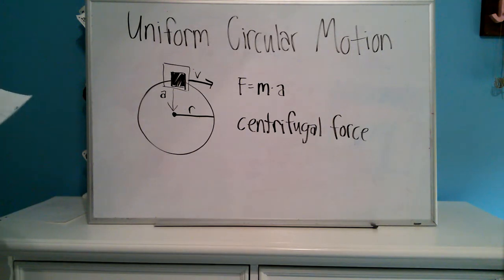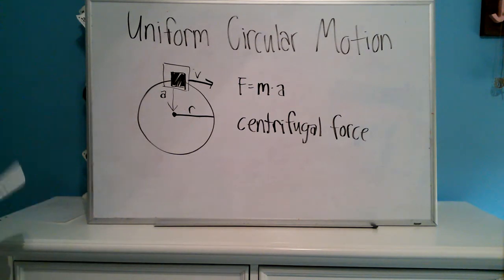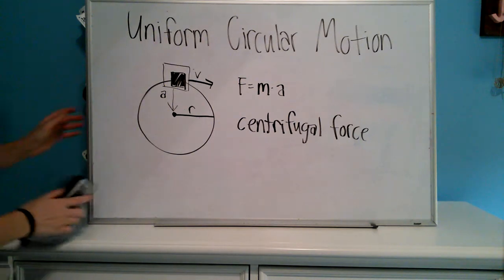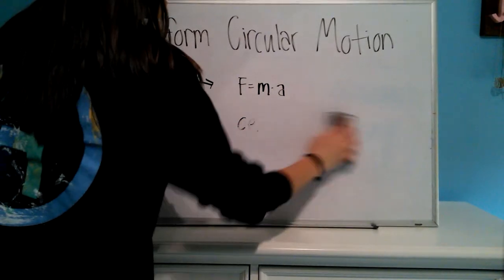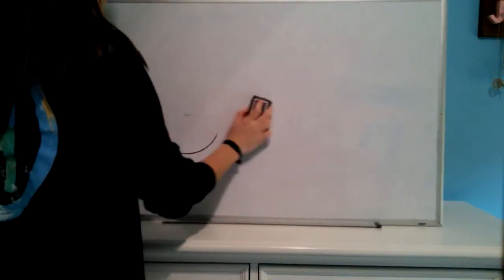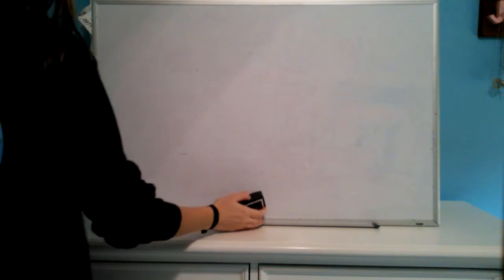In addition, we are going to go over some of the formulas associated with uniform circular motion. So let me erase some of this stuff here. Erase the title. Okay.